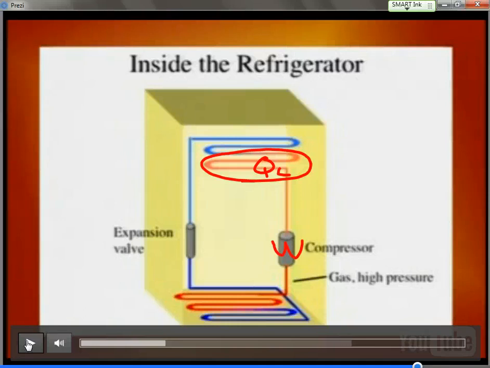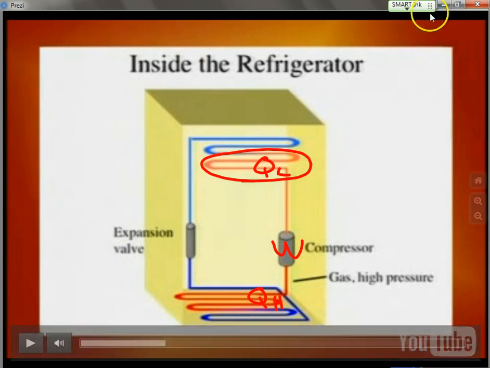Work is done by the compressor to create a high pressure gas. So therefore that high pressure gas, like QH, will then want to leak out into the surrounding atmosphere, which is why if you think of a refrigerator, how there's always all this heat coming out from the bottom of the refrigerator, that's literally because you have these expansion coils which are giving off that QH. So let's watch the rest of this video.